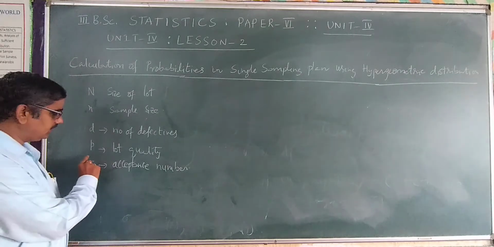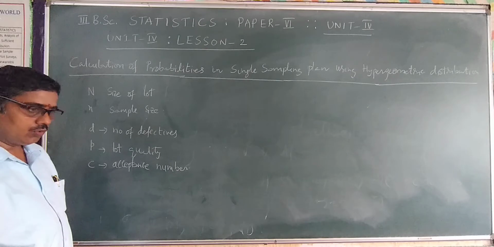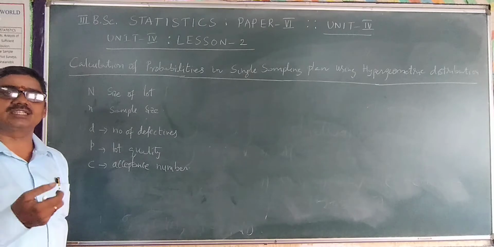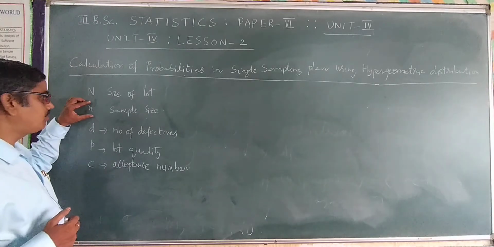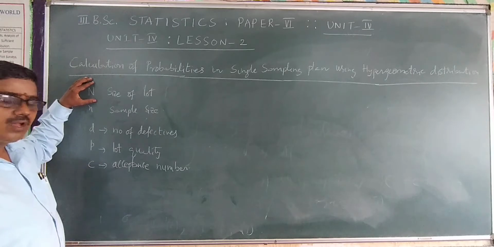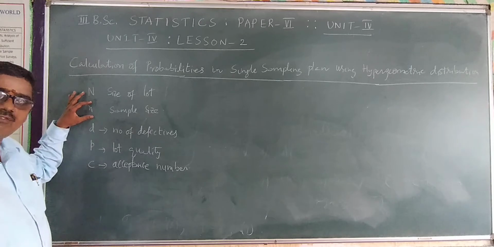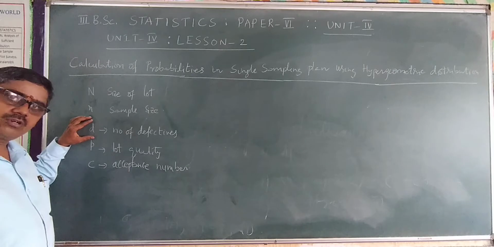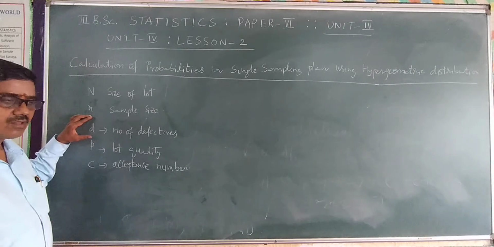In a single sampling plan, we consider a sample of size n from the lot of size capital N, and we inspect n items in the sample and find the number of defectives d.